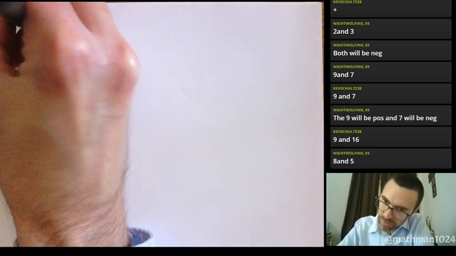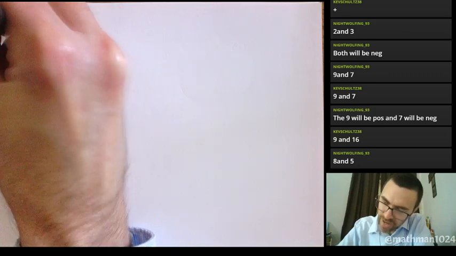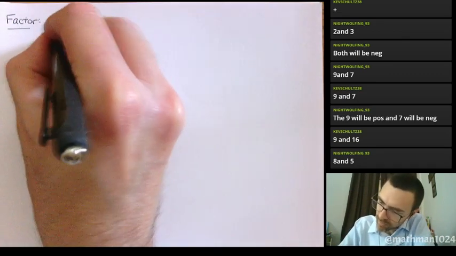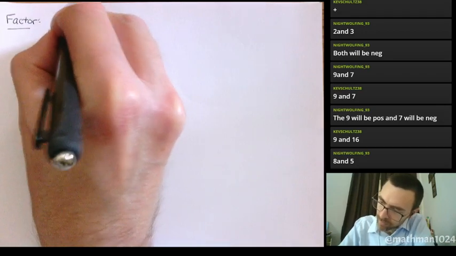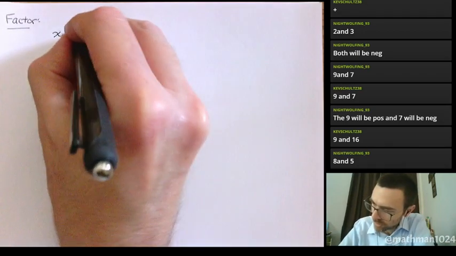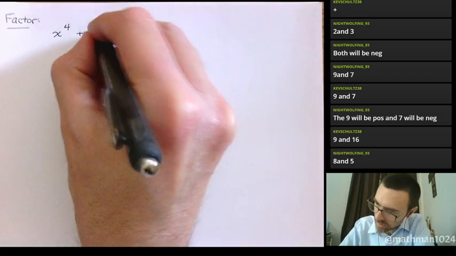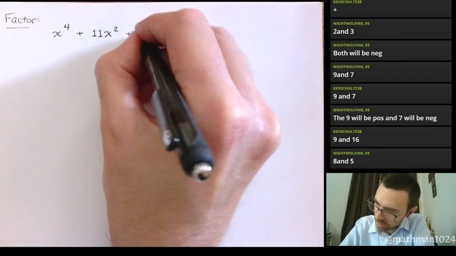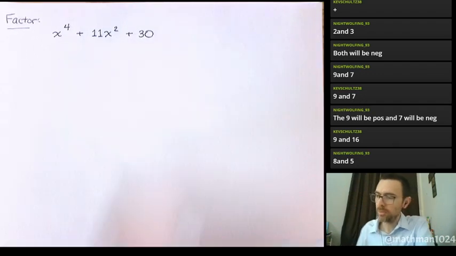Now, speaking of special factoring things where we have the y squared, suppose I give you this and I say x to the fourth plus 11x squared plus 30.